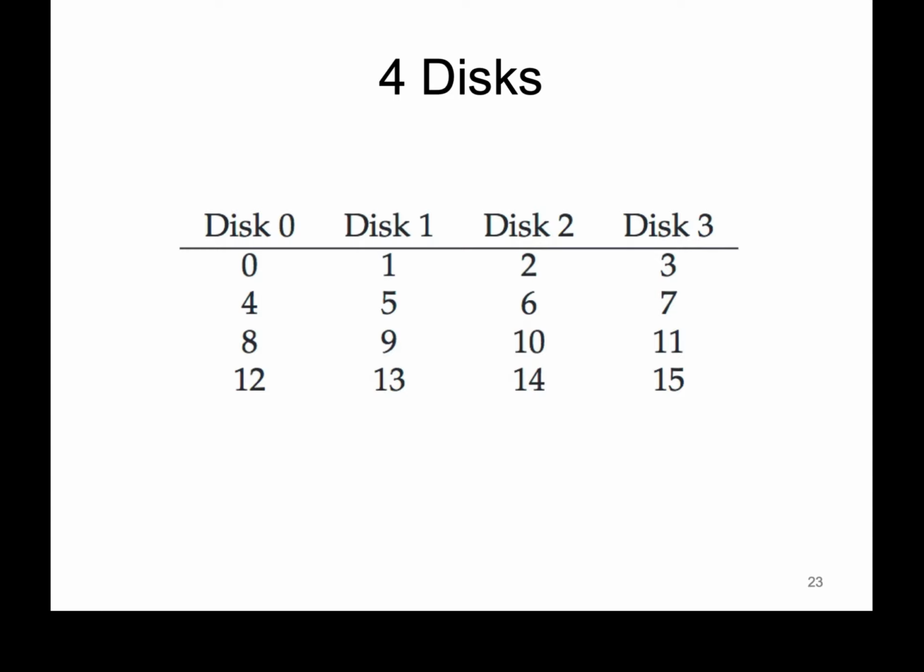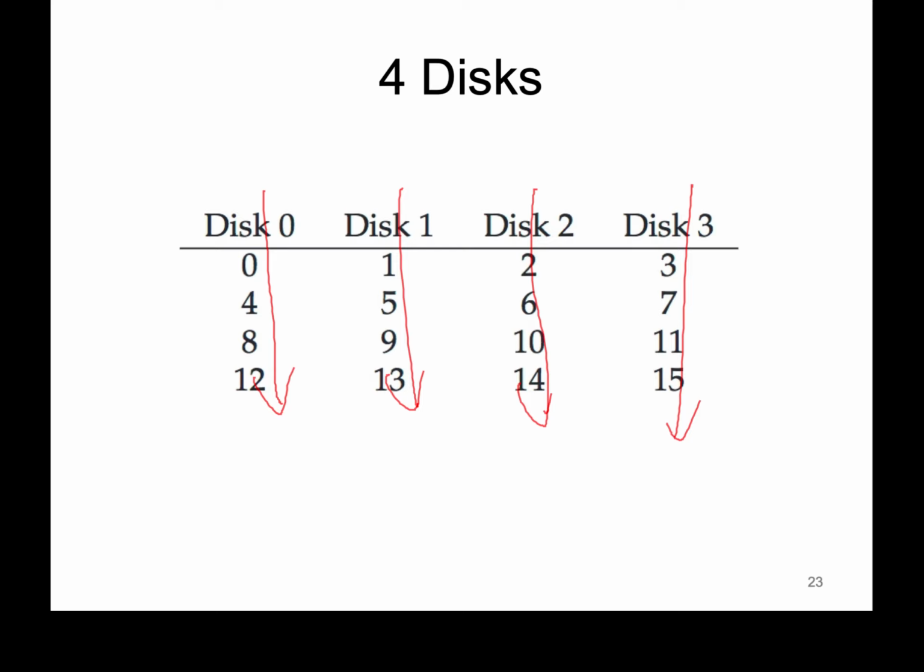Here in this slide, it shows a very simple example of a 4-disk RAID 0 composition. It's basically a two-dimensional table. Column-wise, it shows different hard disks, disk 0 all the way to disk 3.